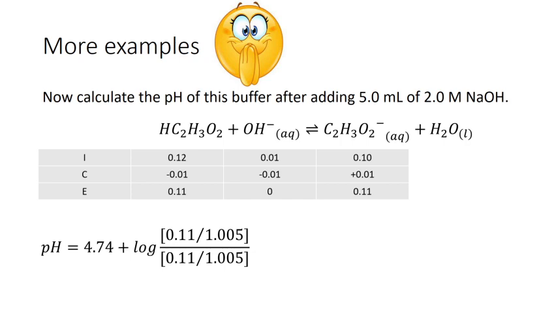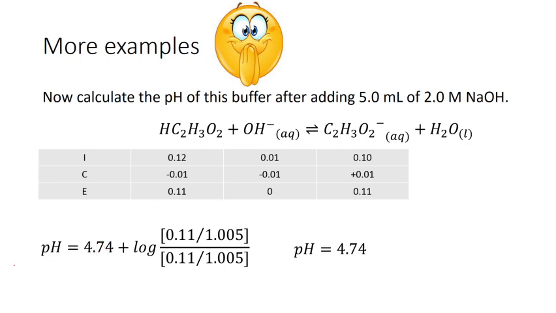Okay, now, having said that, yes, you're correct. We can just ignore that because those are both the same. It will be the log of 1, which, as all of you math wizards know, is 0. So we just end up with a pH of 4.74, just like earlier in this video when we could ignore this whole section and the pH is equal to pKa.